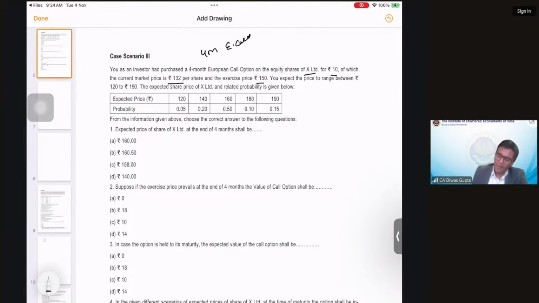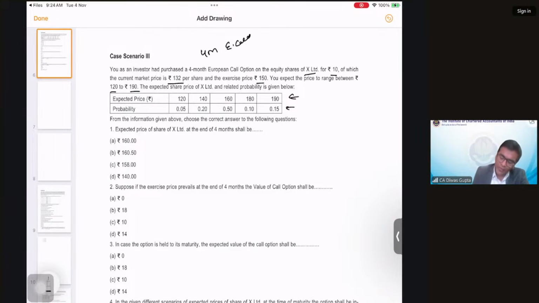You expect the price to range between rupees 120 to 190. The expected share price of X Limited and the related probability is also given. So they have given us the different expected price and the different probability. From the information given above, choose the correct answer to the following questions.